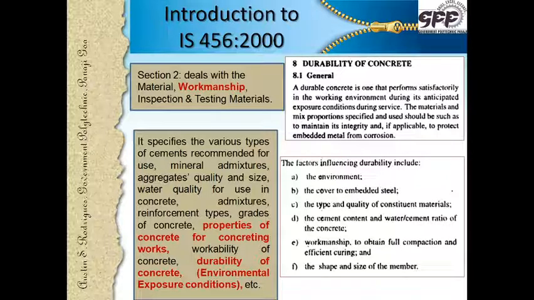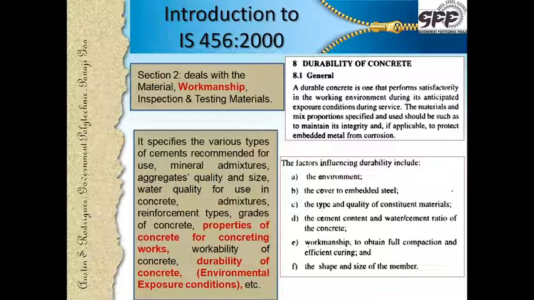So depending upon that, the durability conditions have been given. The materials and the mix proportions specified and used should be such as to maintain its integrity and, if applicable, to protect the embedded metal, that means the reinforcement, from corrosion.